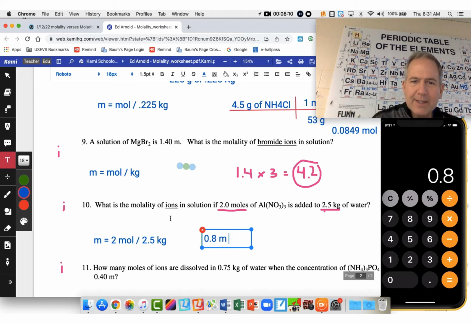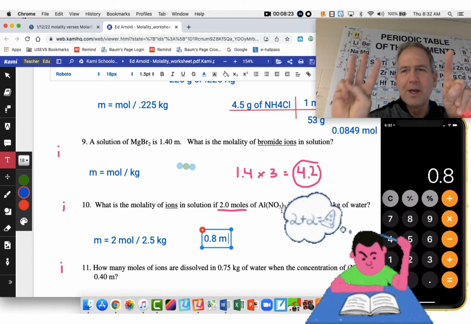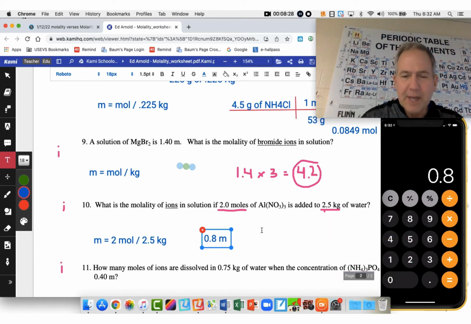What is the molality of the ions? So let's look at this compound right there. We have 1 aluminum, and we have 3 nitrates. So according to my advanced mathematics, 1 aluminum and 3 nitrates equals 4 ions. So we're going to times that by 4.